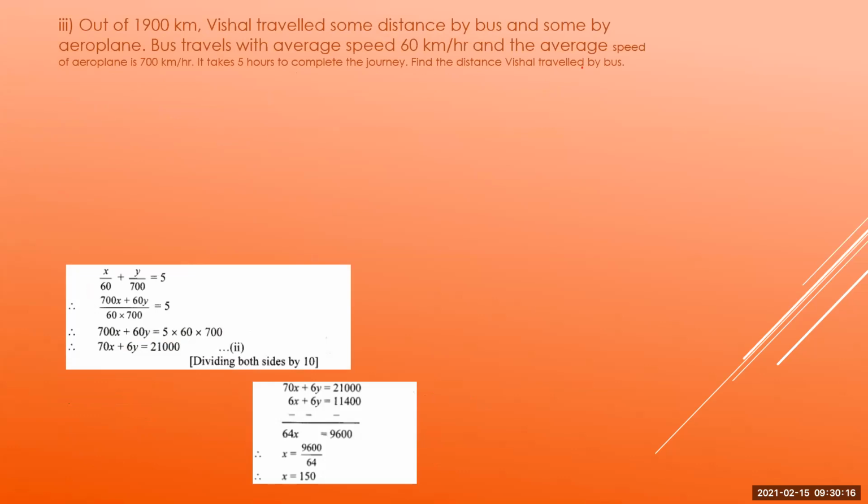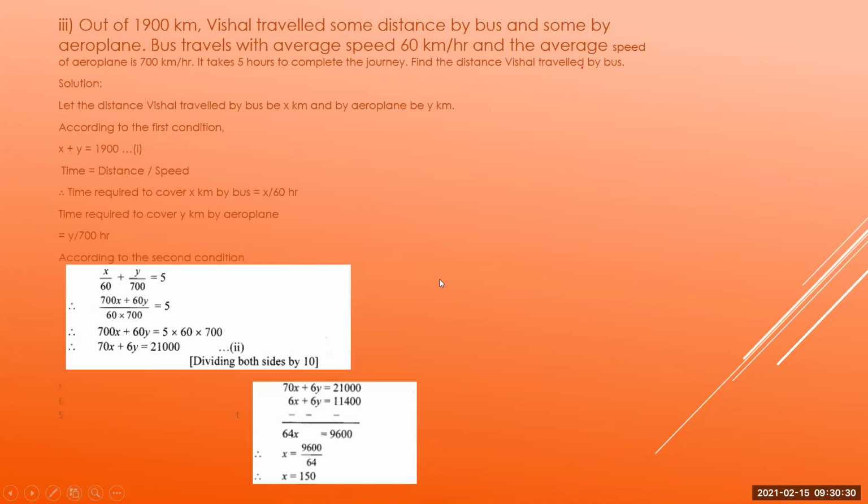Okay, so I have taken this question. This is a very important type of question. This has come many times in the exam. Out of 1900 kilometers, we shall travel some distance by bus and some by aeroplane.